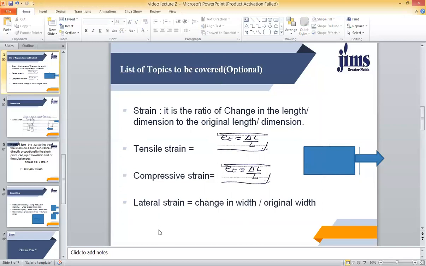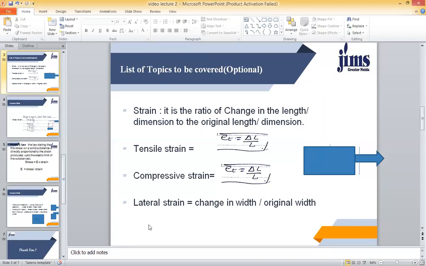One more thing I need to tell you: Poisson's ratio. And what is Poisson's ratio? Sorry, it is the ratio of the lateral strain to the longitudinal strain.